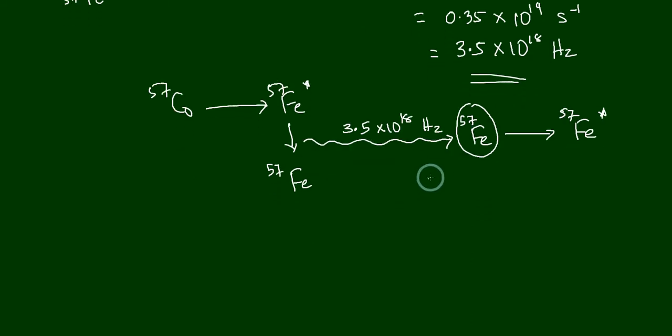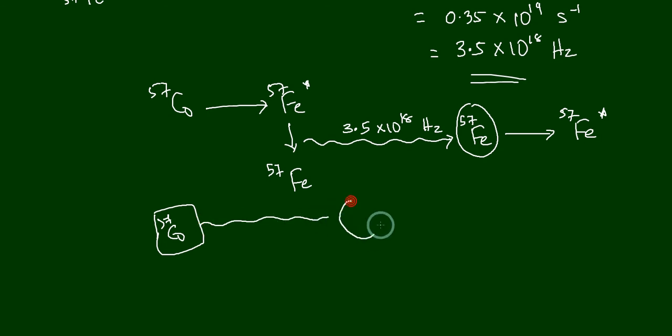But normally, if you do this, that doesn't happen. For example, you have a cobalt 57 source here, and in this source iron 57 will be produced in the excited state, and then it will come back to the ground state. Then the gamma ray will be emitted from here.